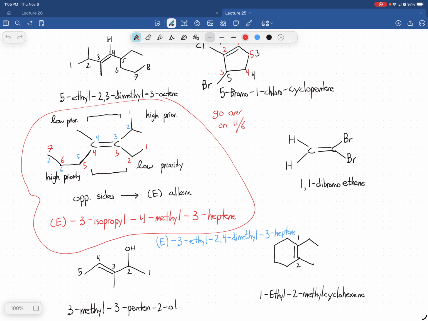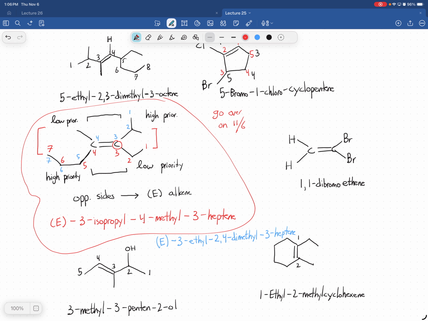You look at this carbon here and compare the two groups, picking which one has higher priority. The one we picked was the one on top. Then you compare these two groups, higher priority versus lower priority.